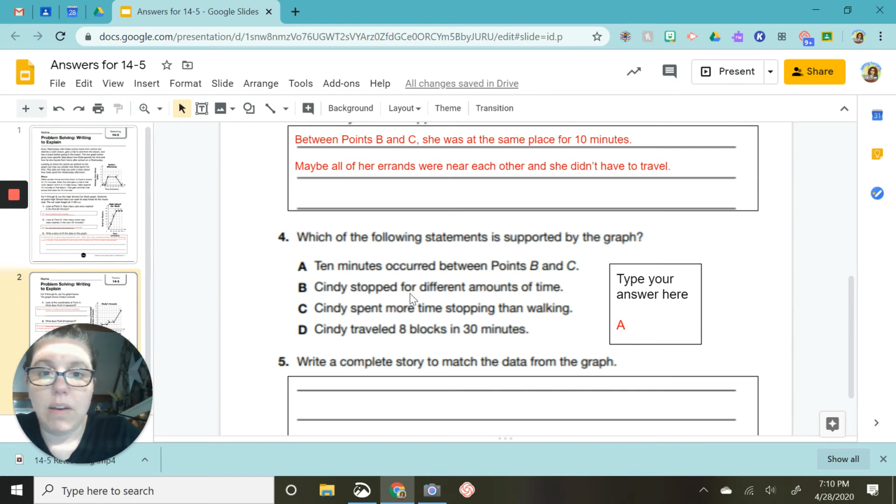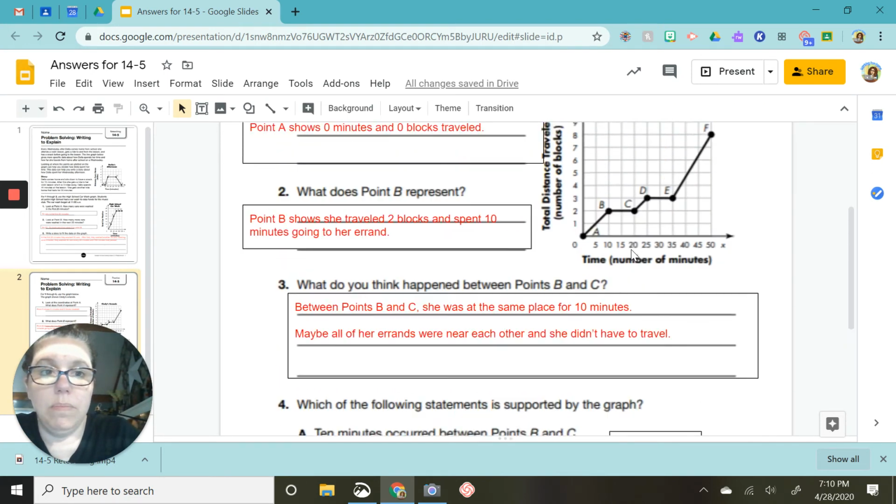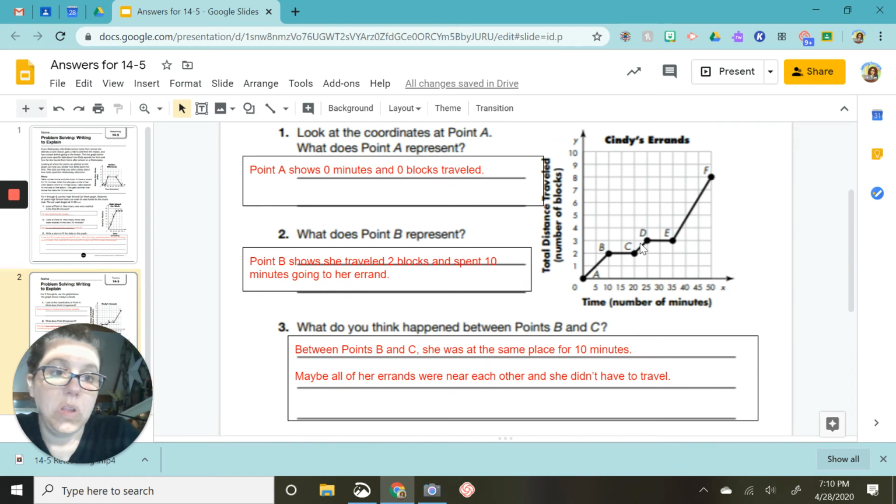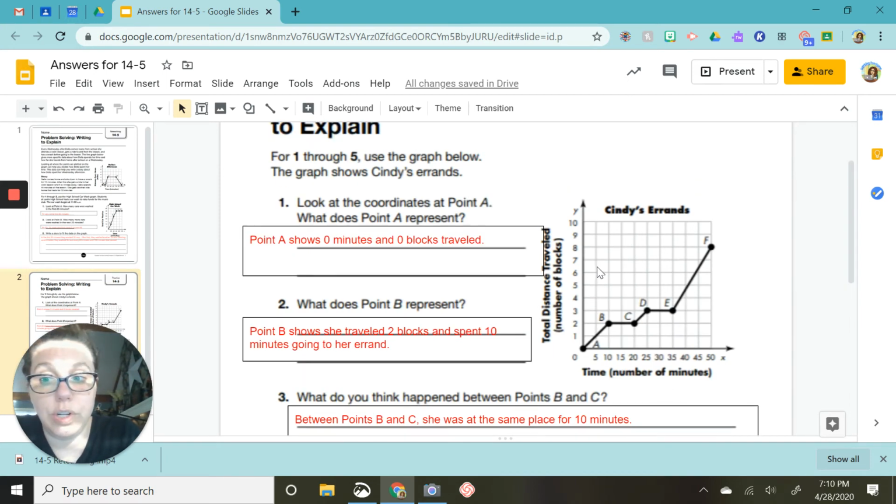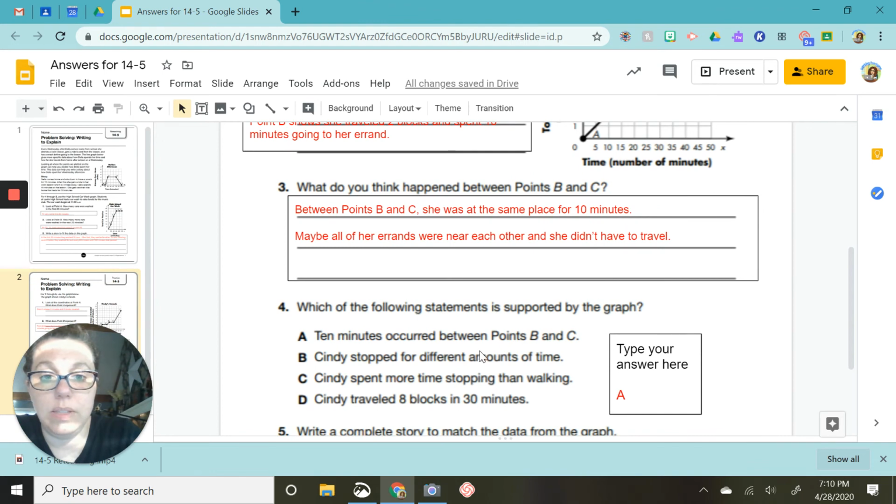Cindy stopped for different amounts of time. Well, I can kind of see that being an answer because here it kind of looks like she's stopping, but there's no proof in how much time she spent at each place. So we cannot say for sure how long she was at each place.